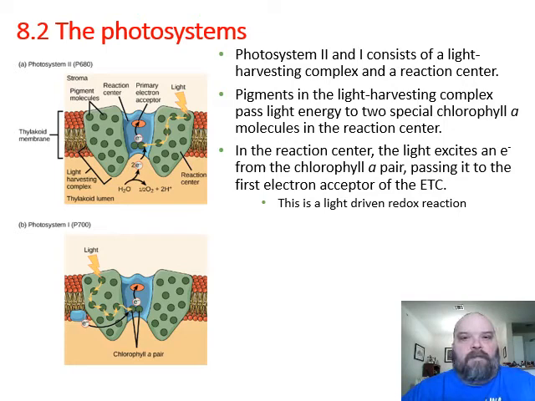Years later, when somebody worked out with experiments exactly how they function together, they found that photosystem 2 goes first, photosystem 1 comes second. So it's counterintuitive, but that's just the way it works.